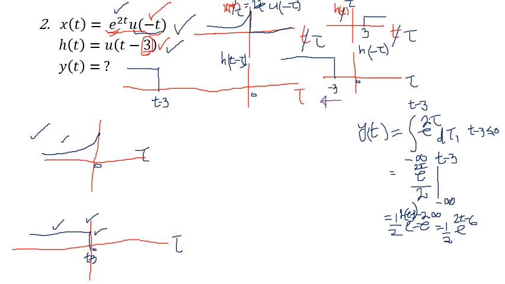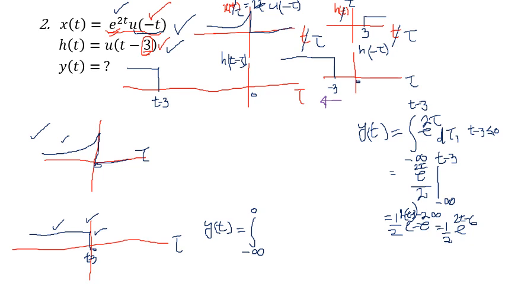So the limits run from minus infinity up to 0. The values for the second interval can be written as y of t equals the integration, and because this signal is 0 beyond 0, the lower limit is minus infinity and the upper limit is fixed at 0.